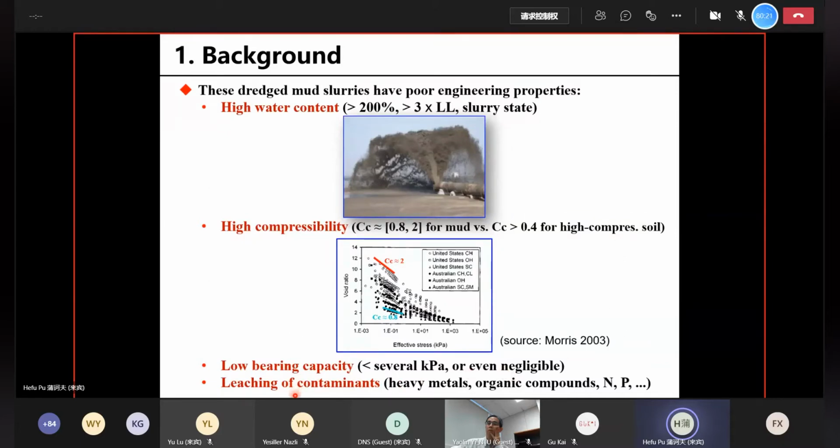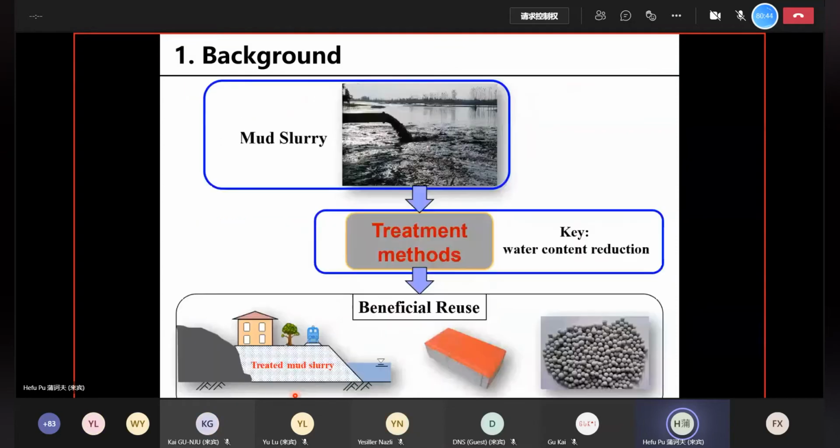And also, because of uncontrolled release of polluted water into the aquatic environment, more and more frequently, those mud slurries contain contaminants, such as heavy metals, organic compounds, or nutrients such as nitrate or phosphorus and others. So we have this kind of high water content mud slurry. The best way to handle it is to come up with some treatment methods and transform the mud slurry into materials for beneficial reuse.